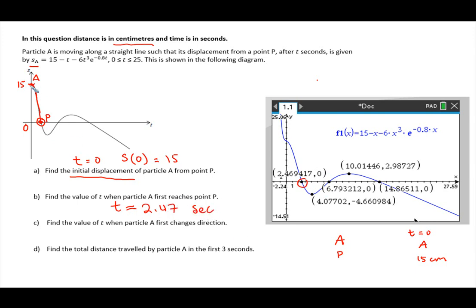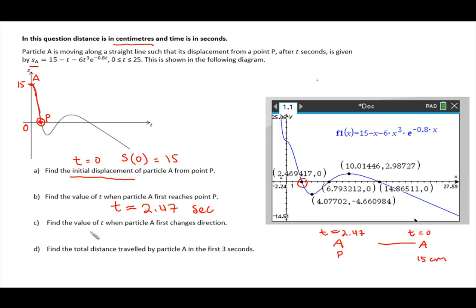Once again, when the time is 0, A is 15 centimeters to the right of P, and then as time starts, A starts getting closer, heading towards P. So at 2.47 seconds, A and P are in the exact same spot, because the displacement right here is 0. That's important to understand the context of that.